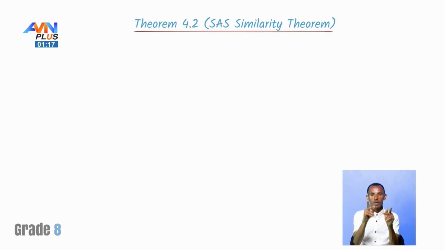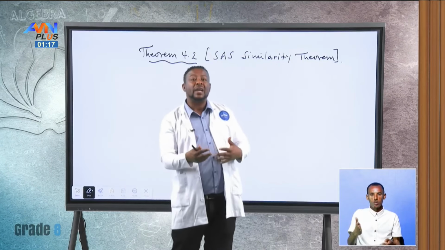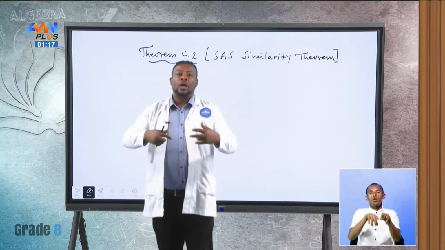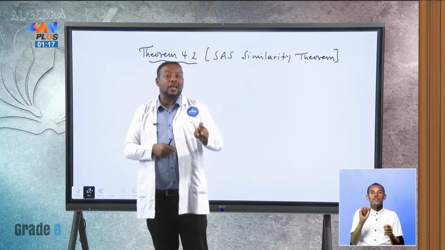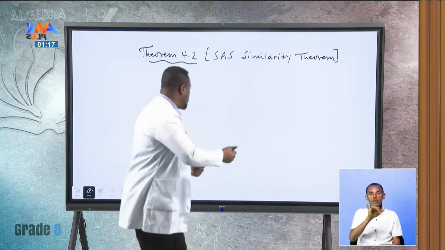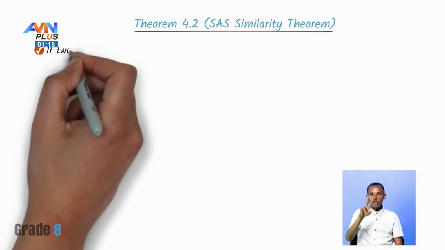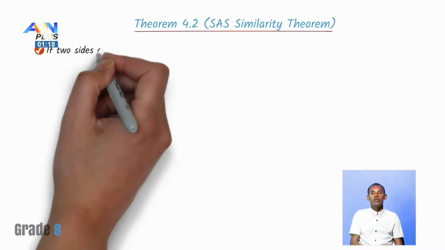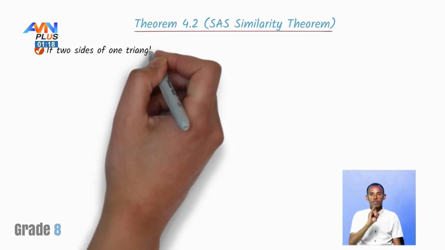Okay, so this theorem tells us if two sides of one triangle are proportional to the corresponding two sides of another triangle, and if the included angle in both triangles is congruent, then the two triangles are similar, right?